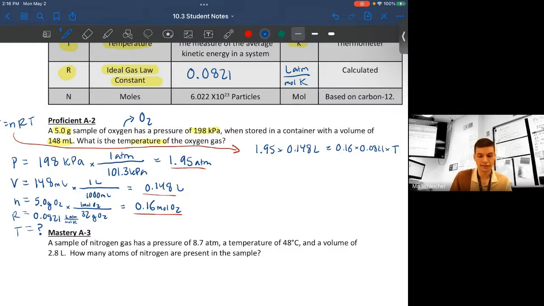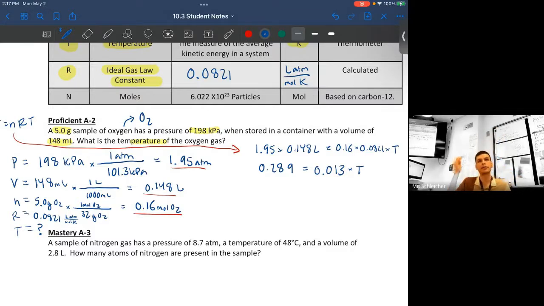Let's solve the left side first and then solve the right side as much as we can. 1.95 times 0.148 gets us 0.289 or so on the left side. On the right side, 0.16 times 0.0821 gets us 0.013 or so times our temperature.